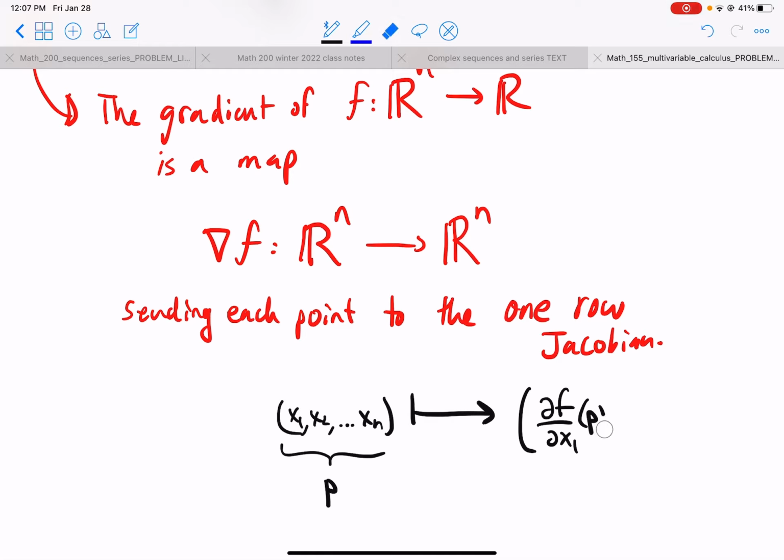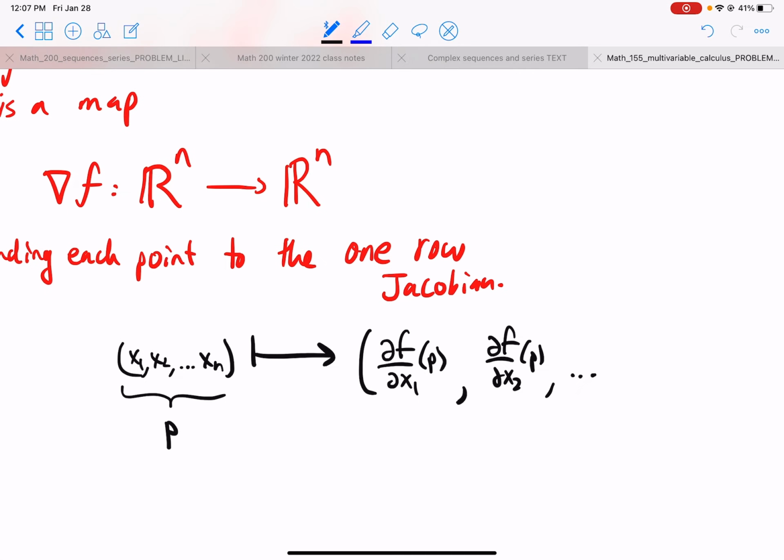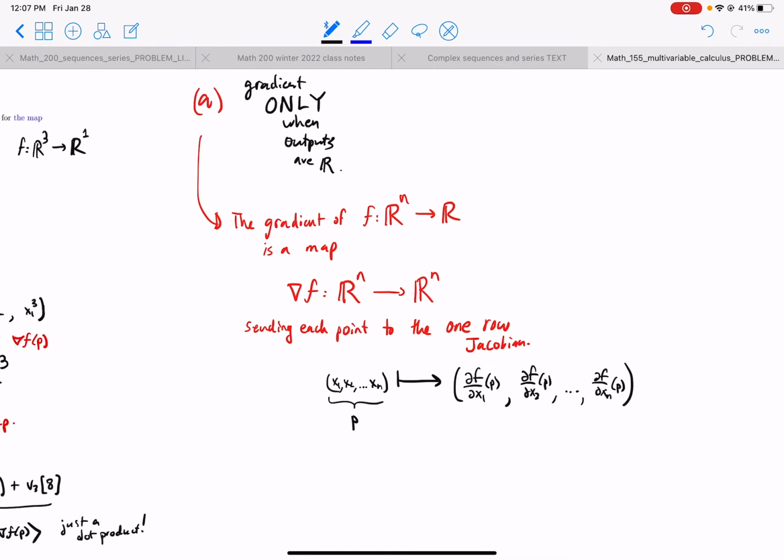I could have written df dx1 at x1, x2, dot, dot, dot, all the way to xn. That's a lot to write. So instead I'll just say P, df dx2 at P, all the way to df dxn at P.